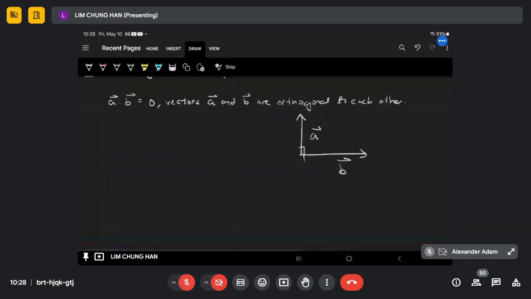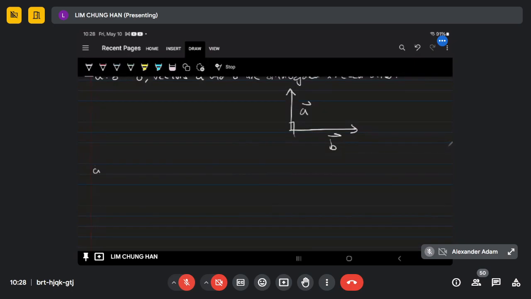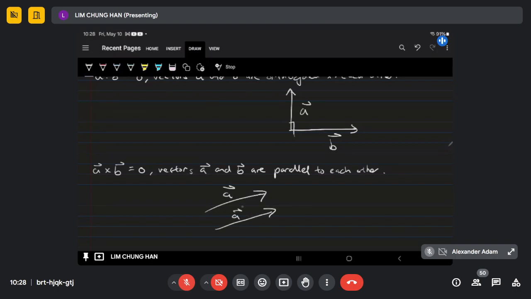Now, if you do A cross B and you get 0, what that means is vector A and vector B are parallel to each other. So what that means is A and B go in the same direction.